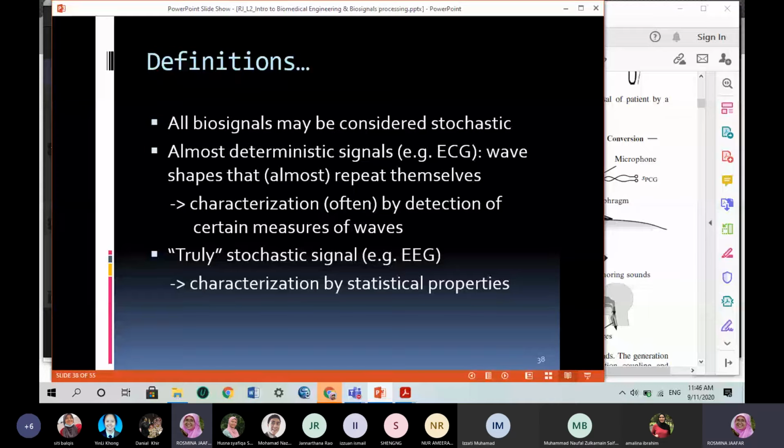For those who have a problem, the signal becomes different. But they look similar. It's the job of the doctors to identify from the signals what the problems are, what the differences are, which is difficult for them actually.